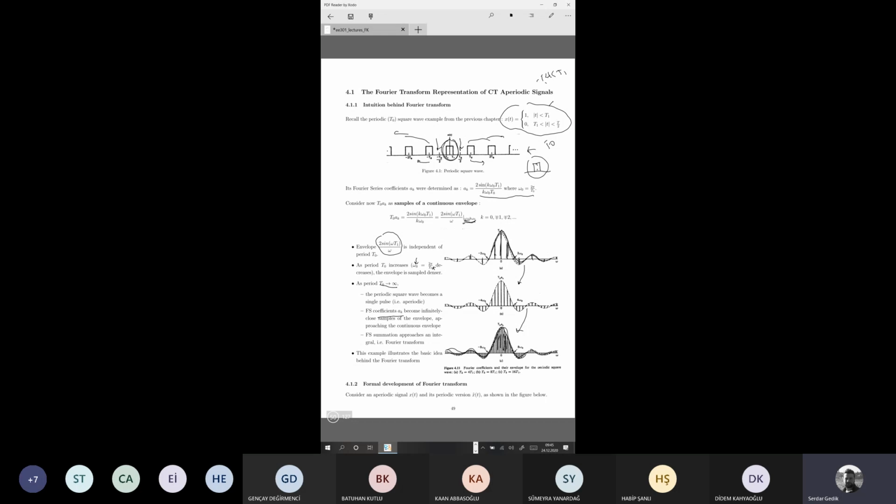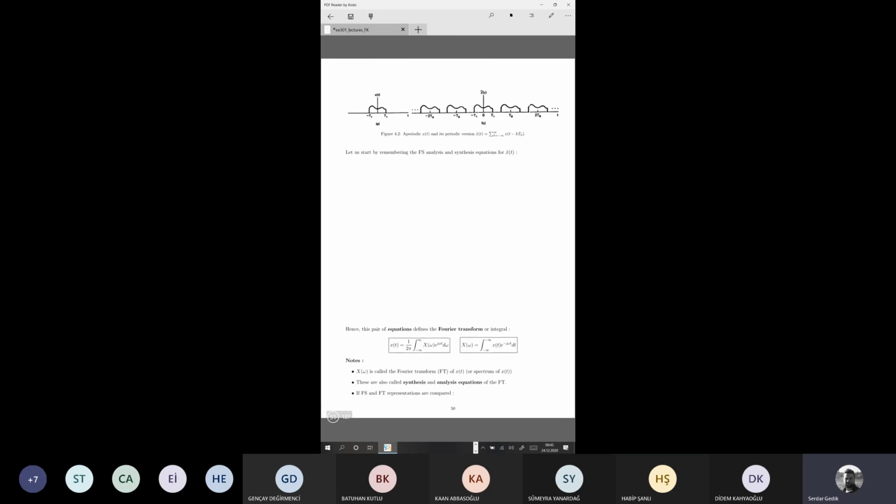Well, what about the formal definition? First, assume that I have an aperiodic signal x of t, and I have its periodic version, x tilde t, and they are illustrated here. This is my x of t, which is not periodic, and x tilde t is the periodic version. I will start by writing the Fourier series analysis and synthesis equations for x tilde t.